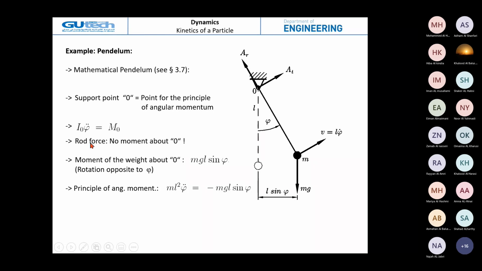There is a rod force here, but no moment about O. As I said, if you cut here, there will be a force in the same direction as the rod, and this force makes no moment about this point O. Now, if we take the moment of the weight mg about O, we have the perpendicular arm distance, which is only L sine phi.